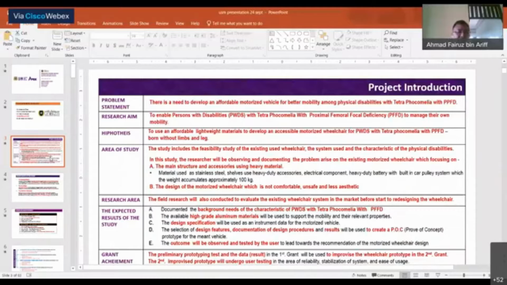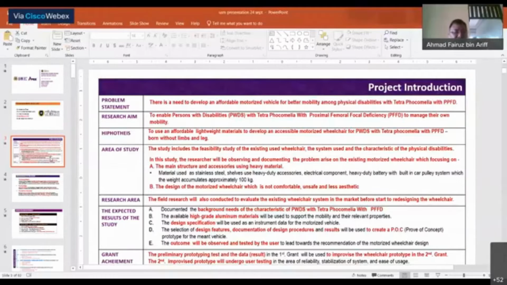C, the design specification will be used as instrument data for the motorized vehicle. D, the selection of design features, documentation of design procedures, and results will be used to create a POC. E, the outcome will be observed and tested by the user.